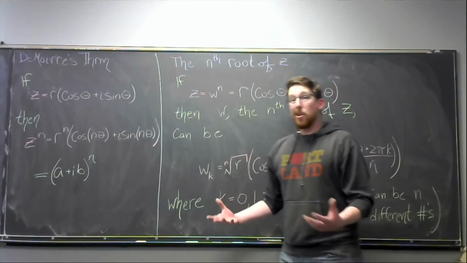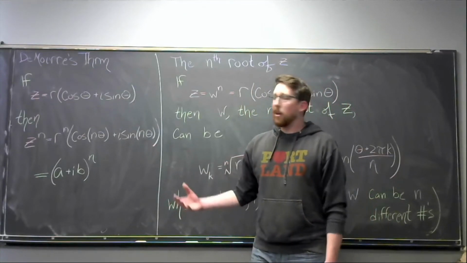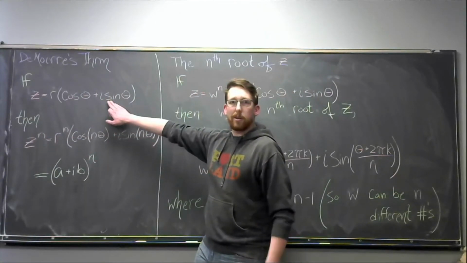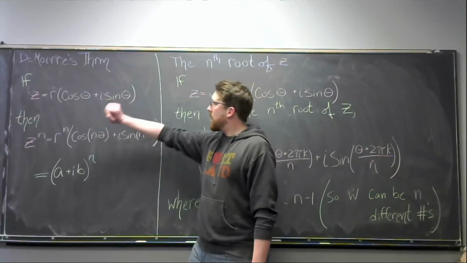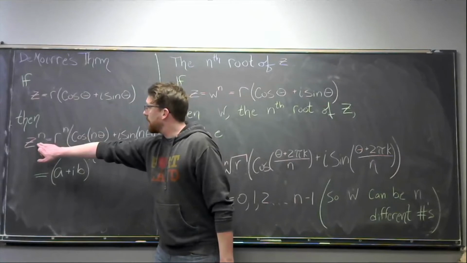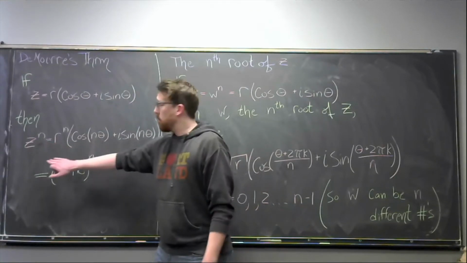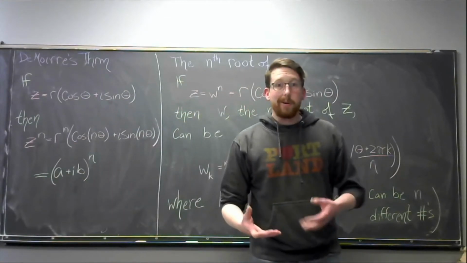What De Moivre's theorem tells us is that you don't have to go the long way. Put it into the trigonometric formula. Then, if you want to raise your complex number to a power, again, let's say 20 for example, all you would have to do is raise your modulus to that power, 20.